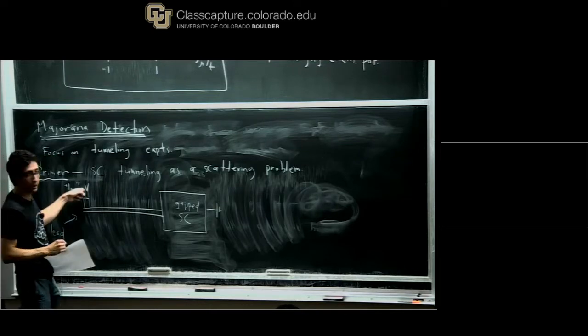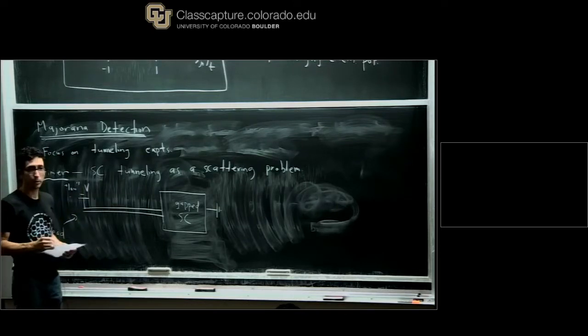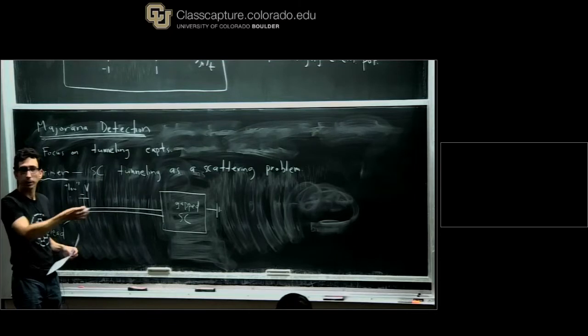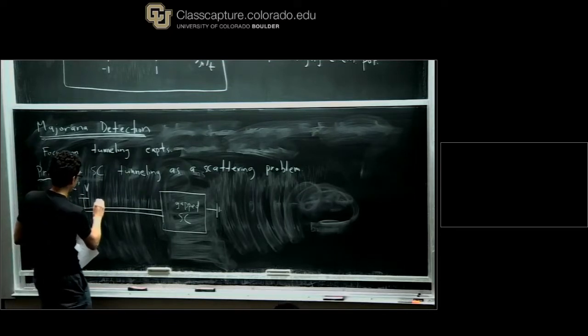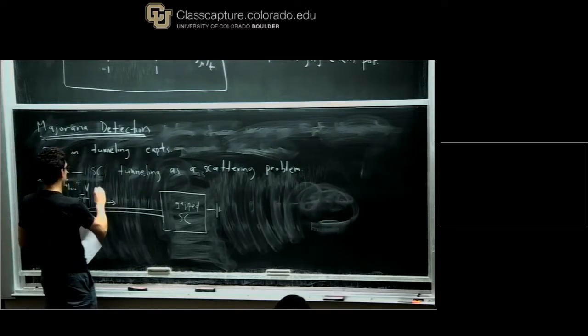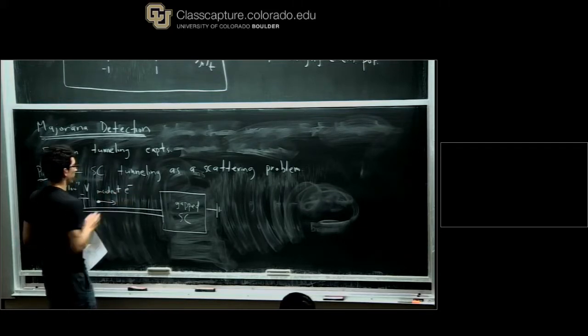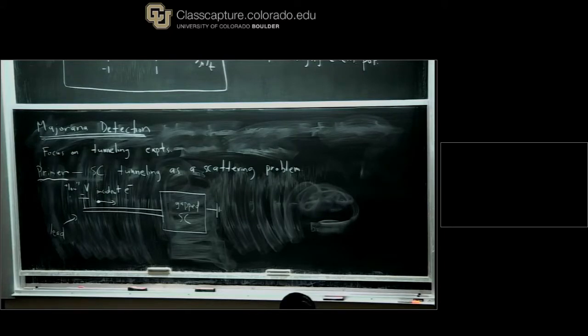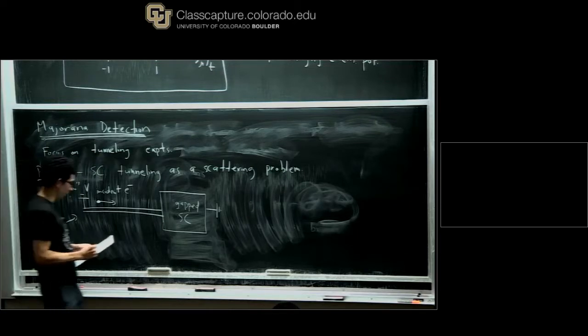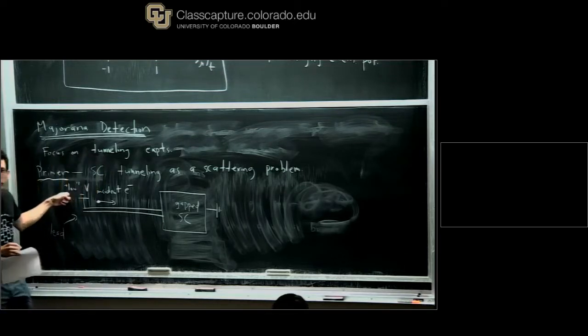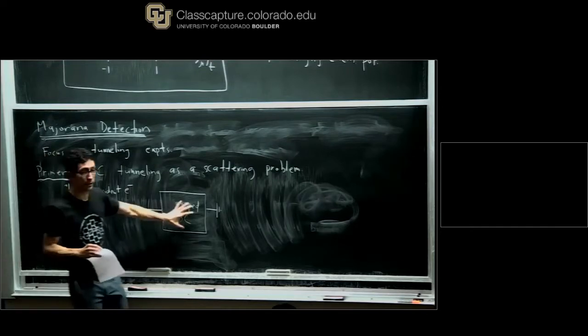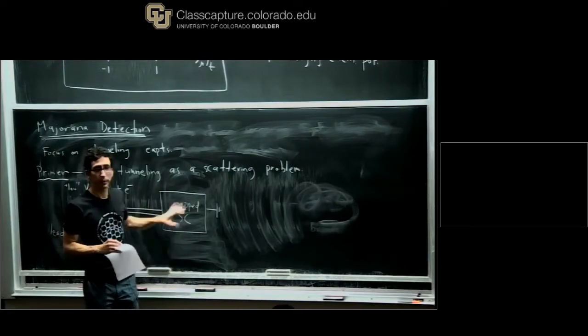And so when I bias the lead relative to that grounded superconductor, I send in electrons towards that superconductor. So there's an incident electron. And let's think about the fate of that incident electron as it impinges on the superconductor. By the way, when I say low bias voltage V, I mean low compared to, let's say, the size of the gap for that superconductor.